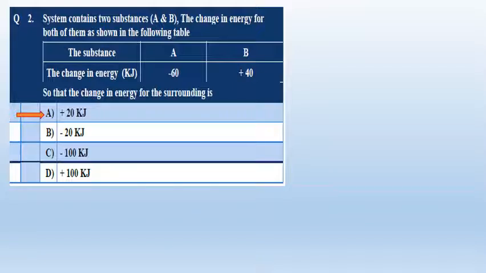Okay, again, the total change in energy for the system equals negative 20. Negative 20 means that the system releases an amount of heat energy to the surrounding of 20 kilojoule, and the surrounding absorbs this amount, so the change in energy for the surrounding will be positive 20 kilojoule.